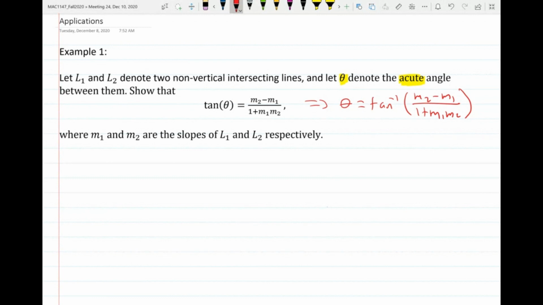And when you get to calculus 3, for example, you're going to find another formula that will tell you how to find the angle between two vectors. And it's a similar thing. You can actually get the formula from here, because when you have a vector, you can think of that vector as being a line. It's just a piece of that line, and then you have another vector, right?